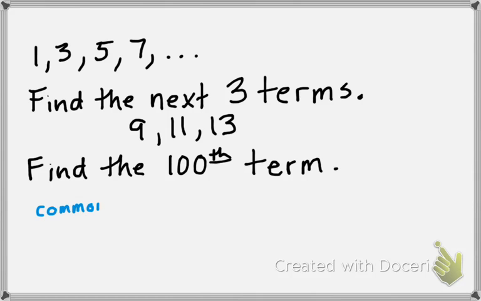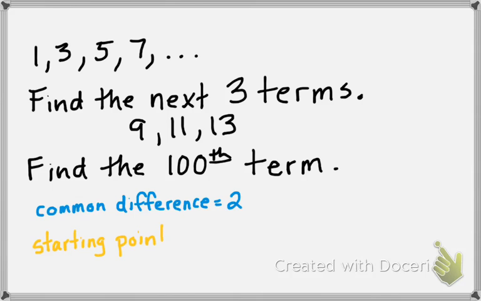Okay, so the first thing I'm going to find is the common difference. There's only 2 numbers I need. The first is the common difference. Well, the common difference here is 2 because it goes up 2 every time. The other thing I need is the starting point, which means where did this come from? Starting from the first one, what would be right in front of the first one?